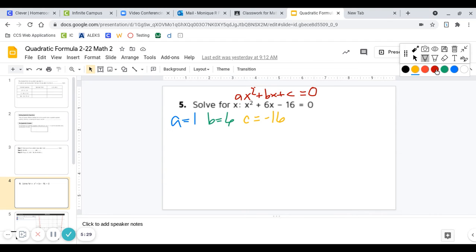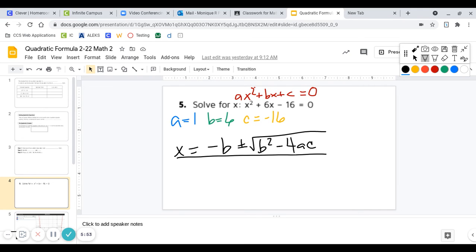All right, so now that we have a, b, and c, I'm going to rewrite our formula. Our formula is x equals negative b plus or minus the square root of b squared minus 4ac divided by 2a.